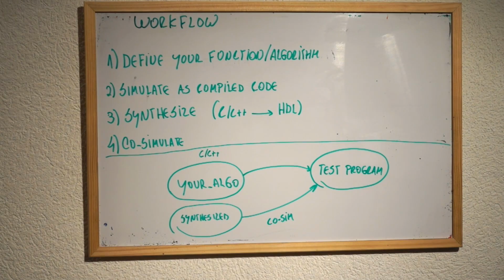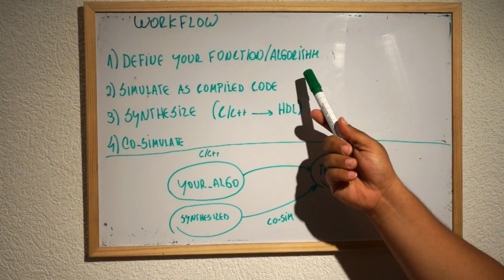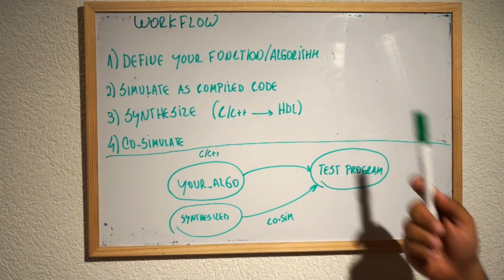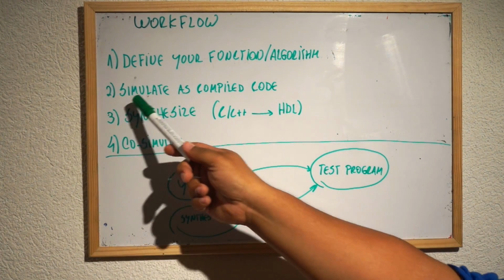Just to finalize and before we start the lab, we're going to show the workflow that you normally use in Vivado HLS, okay? The first thing that you do is to define your function or your algorithm. After you define your function and your algorithm, you also create a program that uses your algorithm, which leads us to the second step.